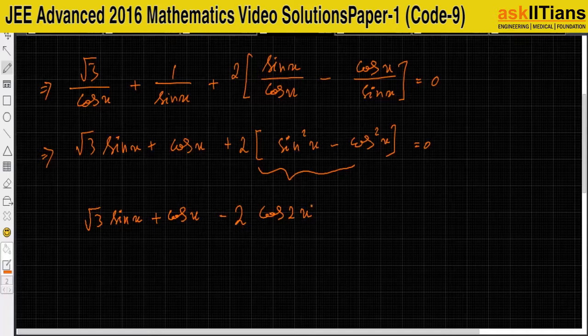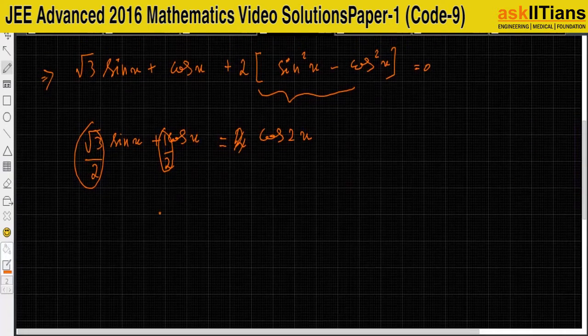Now if I take this minus cos 2x to the other side, I get equal to 2 cos 2x. This 2 I can take again to the LHS. Now this is root 3 by 2, and here I have 1 by 2 cos x. Let me convert everything to cos. So this is sin 60 degree and this is cos 60 degree.